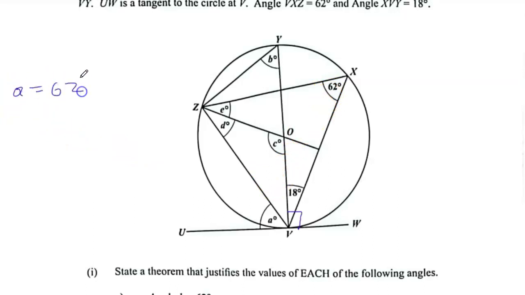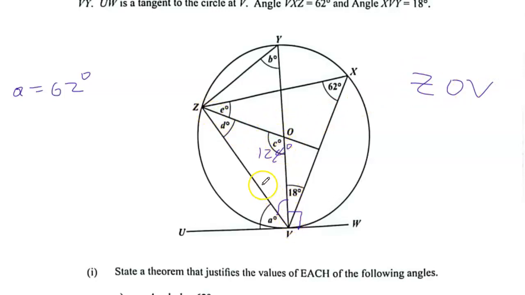Another reason we could have given is that this angle C is 124 degrees. And it's an isosceles triangle because Z to O and V to O represent the radius, and they are the same length. So ZOV is isosceles since these opposite sides represent the radius.